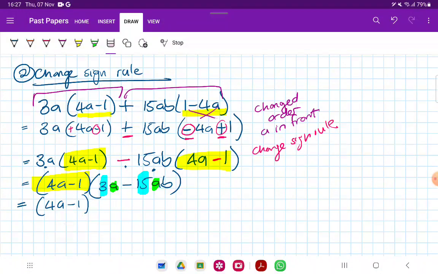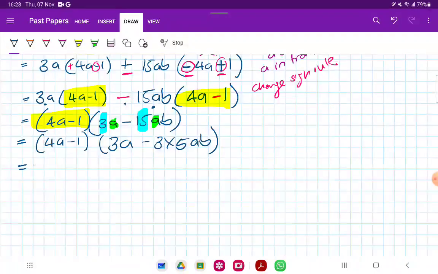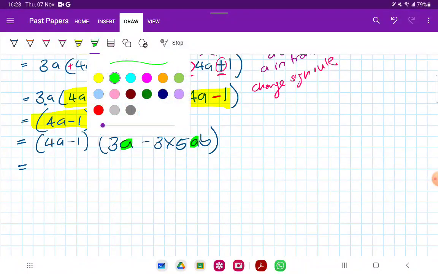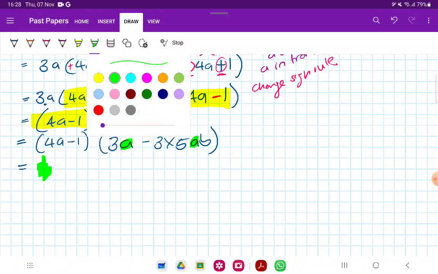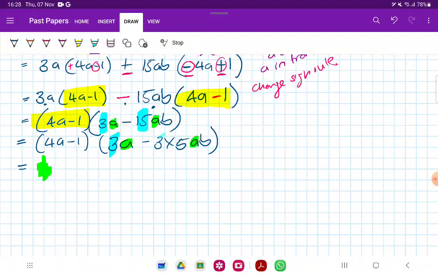Let me break it up first: 3a minus 3 times 5ab. Now let's take out, what do we want to take out? We want to take out a, and we also want to take out the 3 and the 3.